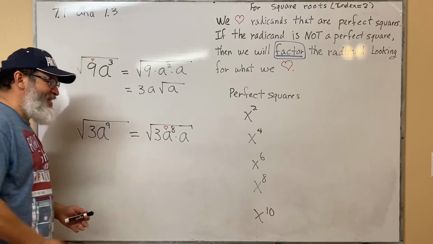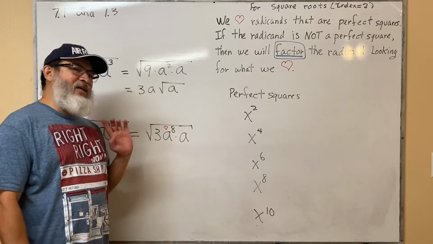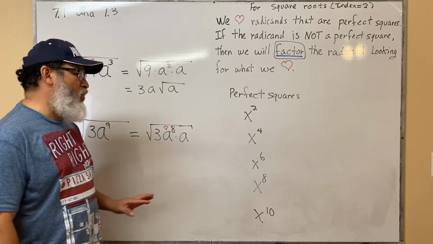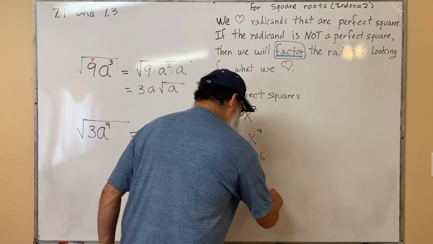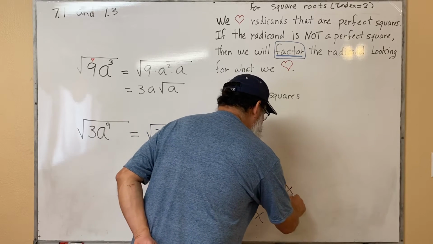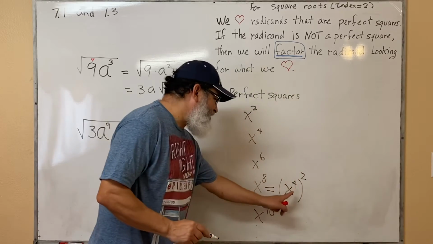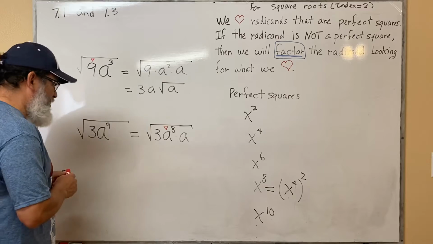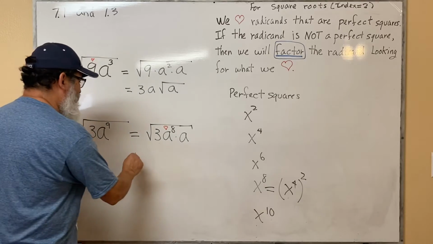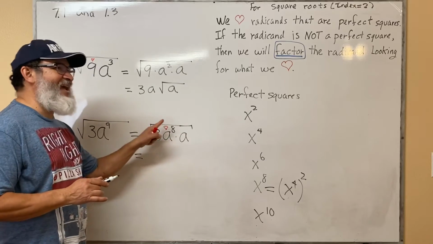By the way, what has been squared to get a to the 8th? Or what has been squared to get x to the 8th? Well, x to the 8th is x to the 4th times 2. X to the 4th has been squared. So therefore, I ask you, what is the square root of a to the 8th?